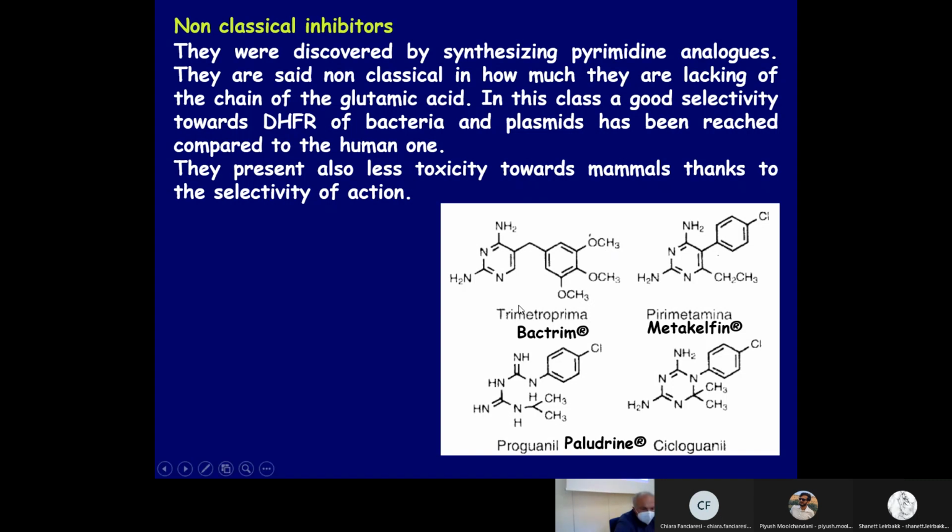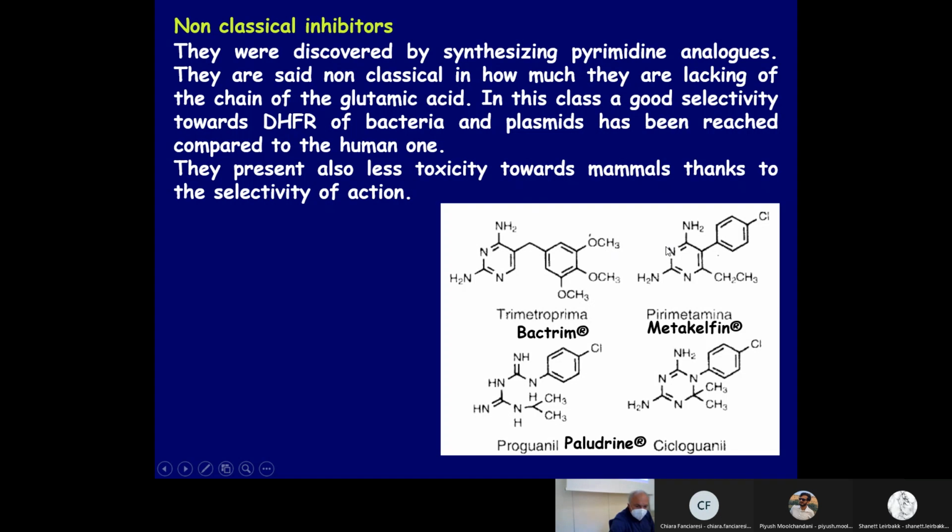They can increase the electron density of this aromatic ring. Trimethoprim represents the first and the most important compound of this class. Trimethoprim is used against intestinal infection, as antimalarial, as antiparasites.